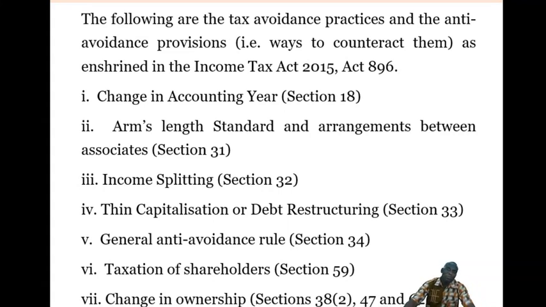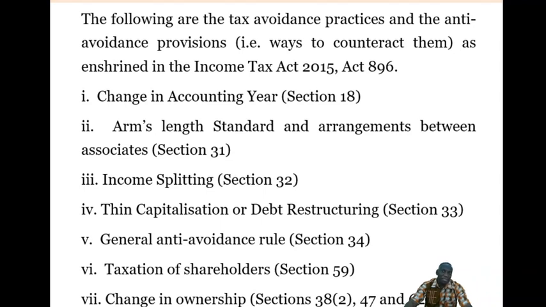For example, if you say change in accounting year, which section of the Income Tax Act of 2015 talks about the change in accounting year? It's section 18. You can even deduce ways of learning it. I arranged it like 18, 31, 32, 33, 34, 59. Before, there was one more that has about 3 sections put together. That's change in ownership. So change in accounting year is section 18 of the Income Tax Act of 2015, Act 896. Arm's length standard and arrangement between associates, section 31.